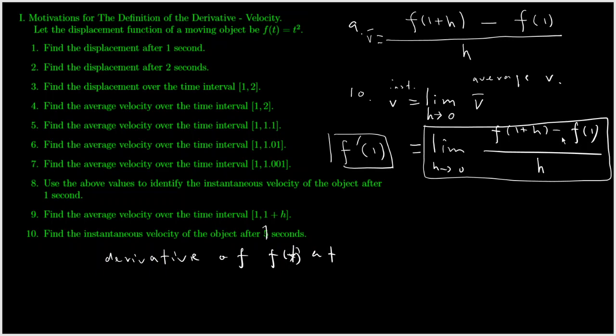At t value of 1, it's denoted using f prime of 1. The derivative is the central concept in calculus 1. Do you see it's the instantaneous rate of change? It means how fast the distance changes at the time after 1 second.